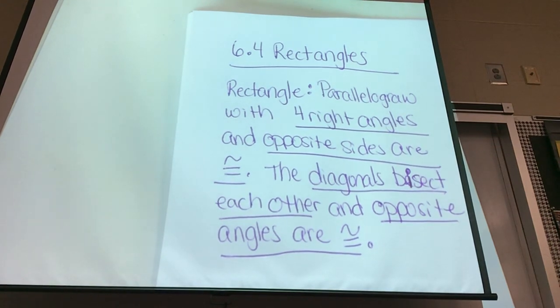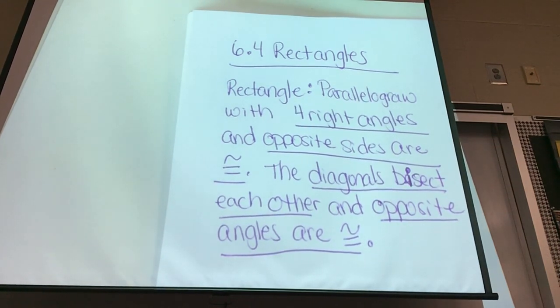The opposite sides, top and bottom, the length sides, are the same. Well, they're just telling you that you've got opposite sides, no matter which ones you're talking about, they're going to be equal.